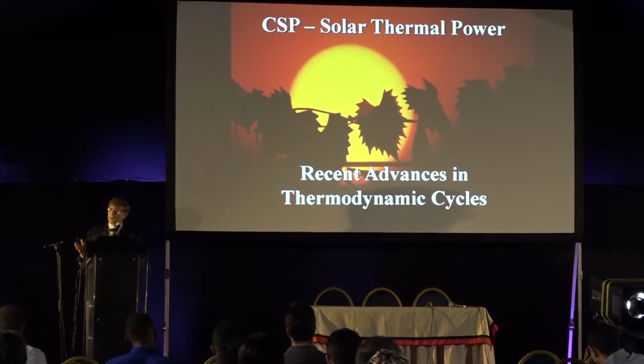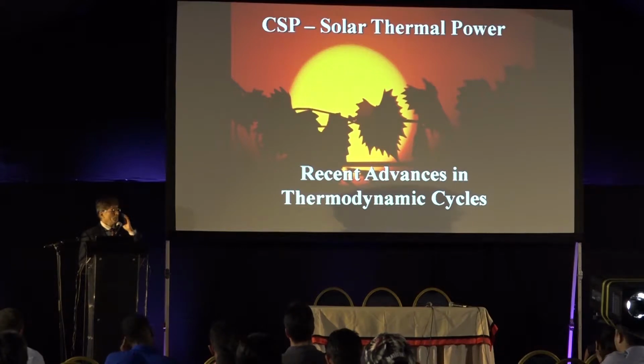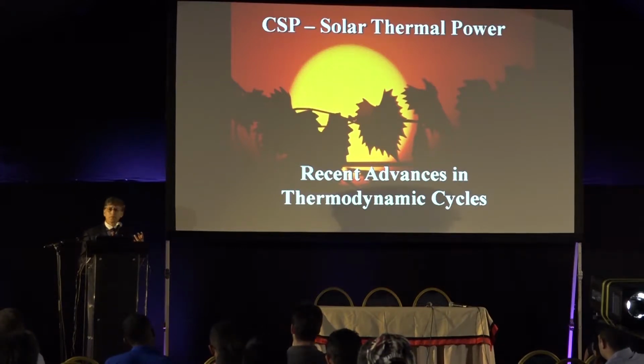Just like in nuclear power or in fossil fuel-based power, it's a thermodynamic cycle that you use to convert that energy to mechanical power and then to electrical power. So far in solar thermal power, we use what is used conventionally in all of thermal power, which is a steam-based Rankine cycle.